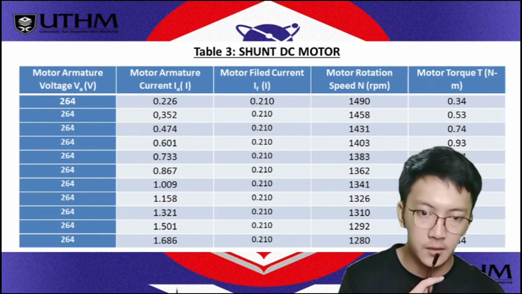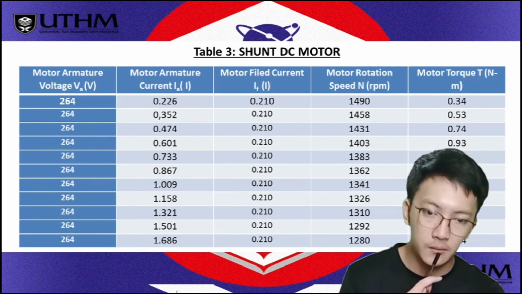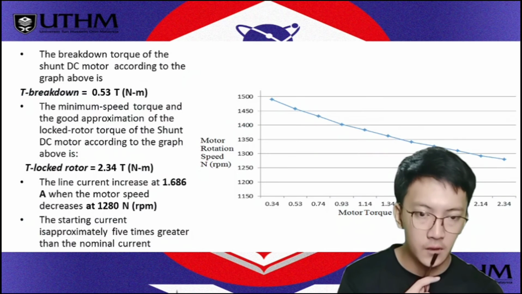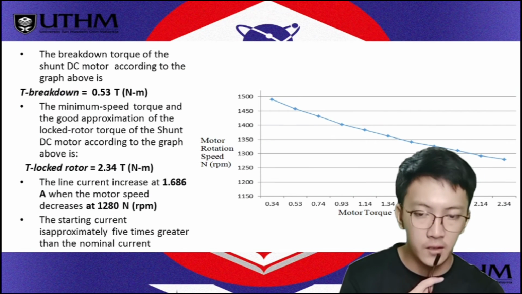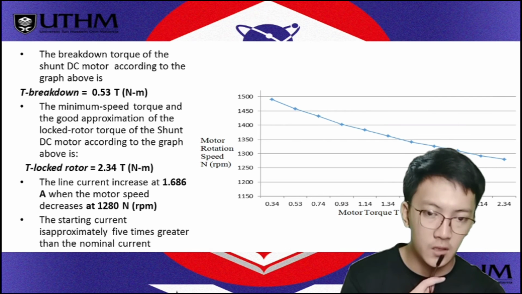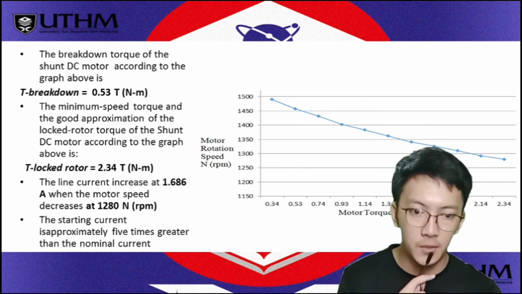Next, table 3, shunt DC motor. This is the table, and then this is the data that we got after we analyzed the table.